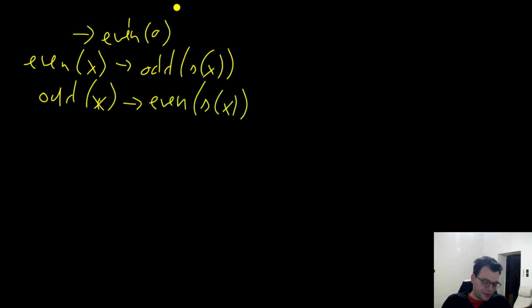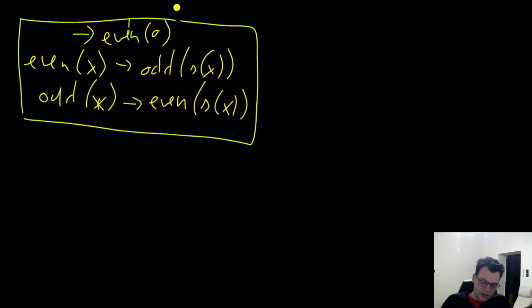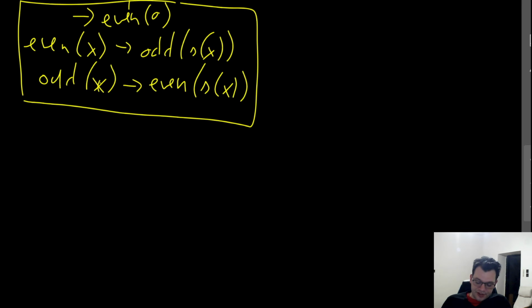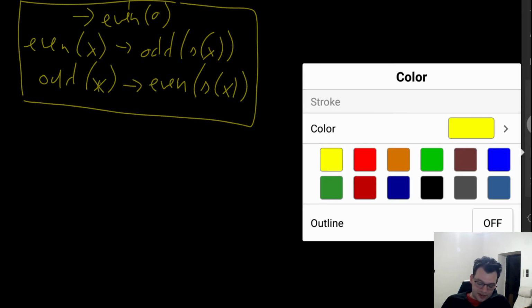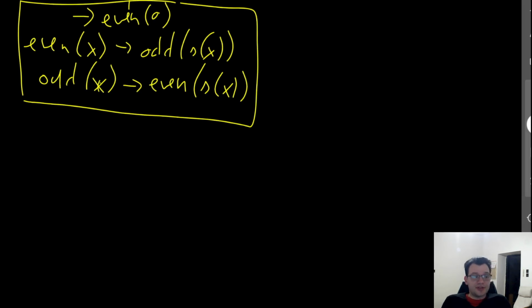So that was our program once again. And in this signature, the ground terms are those terms which do not use variables.